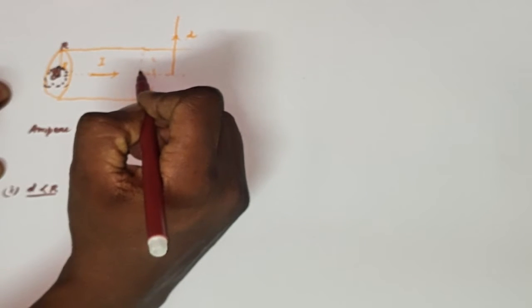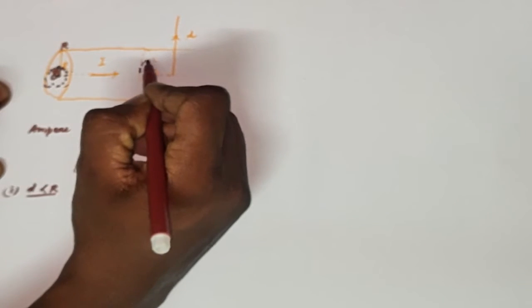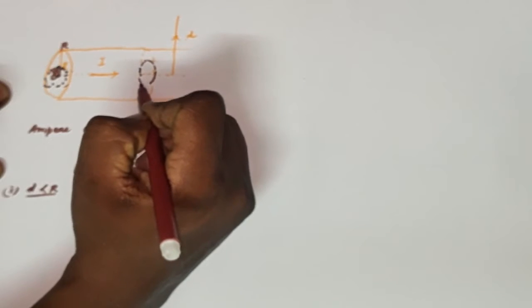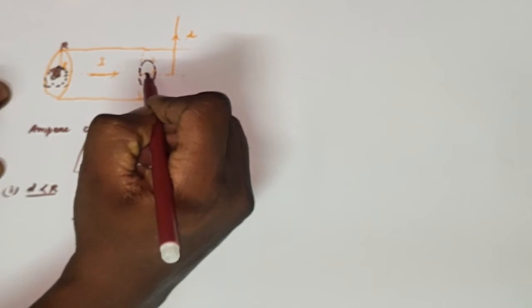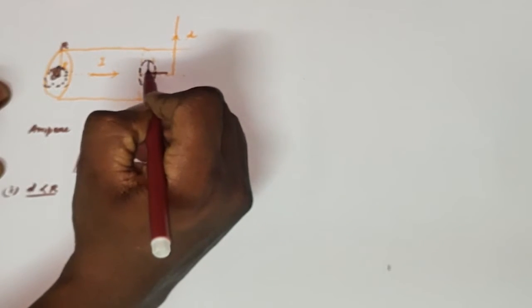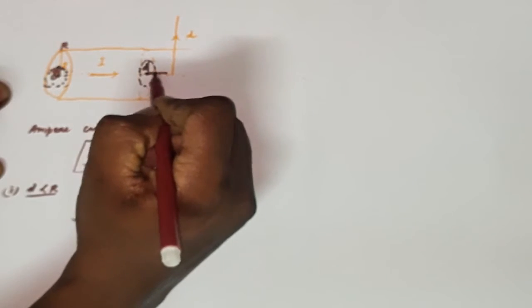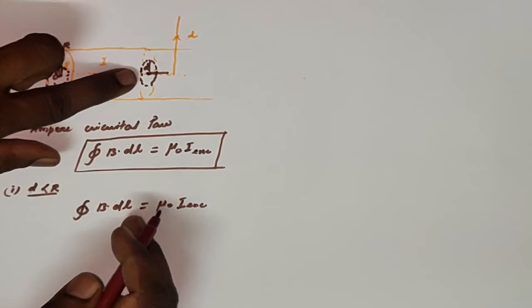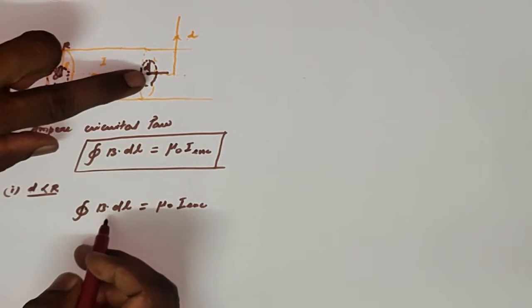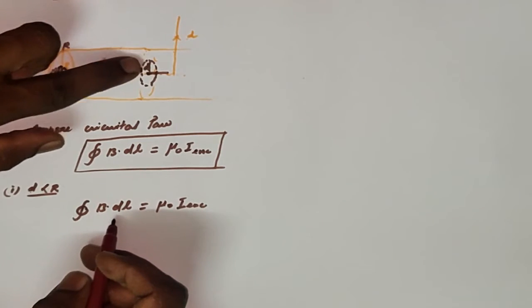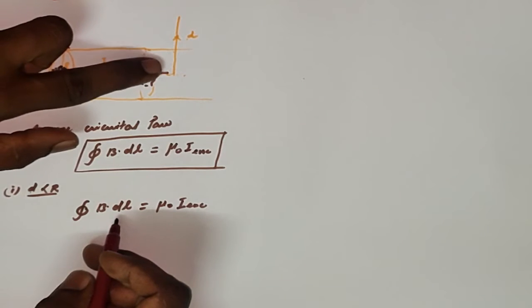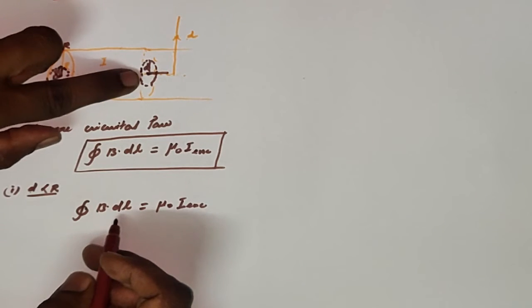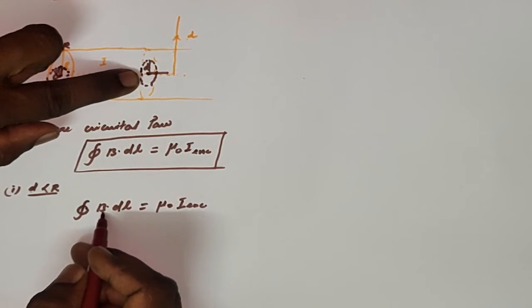Suppose here, if you want to represent it, we can take the circle from the axis of the cylinder, and the circle radius is d. So B is along the circle at a distance d, on the circumference of the circle. The magnetic field is constant at a distance d.